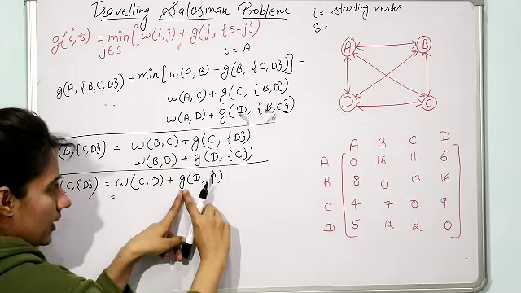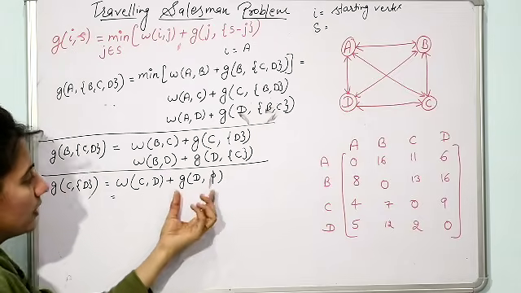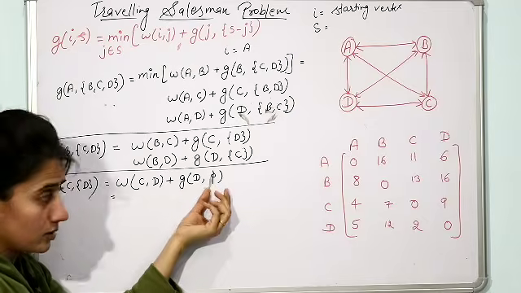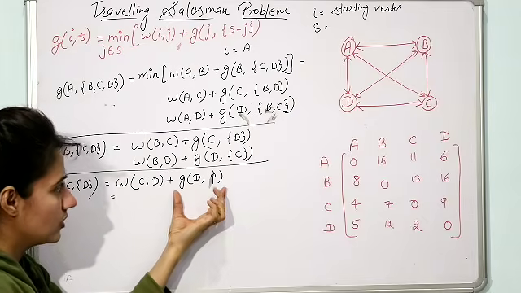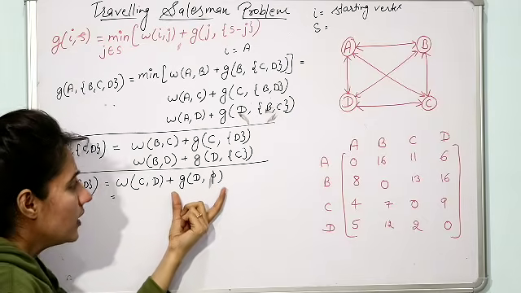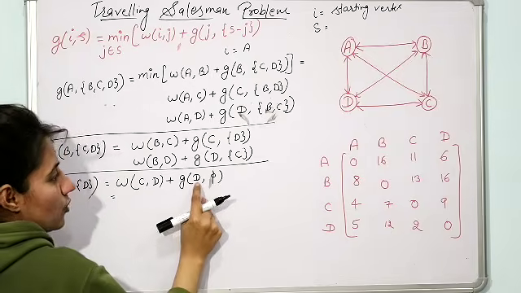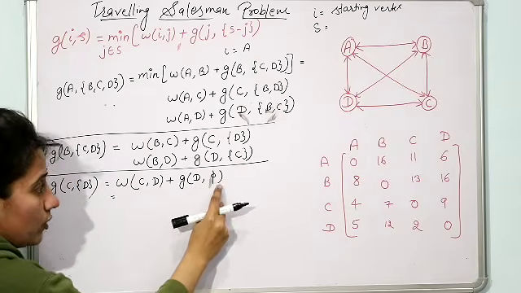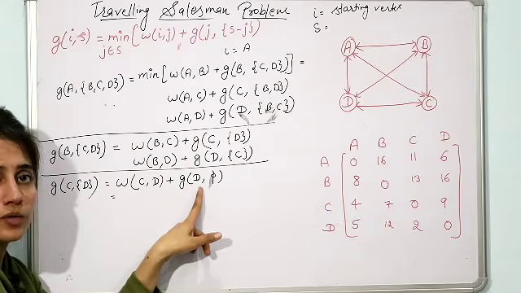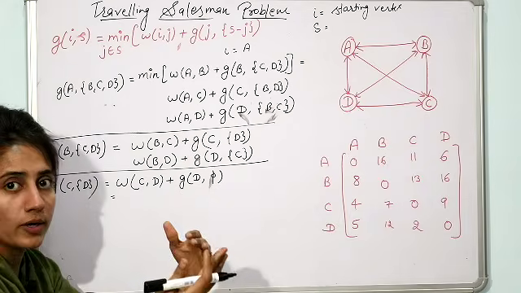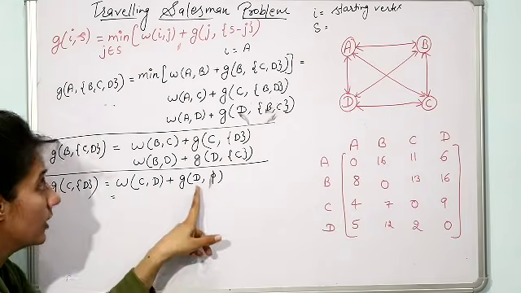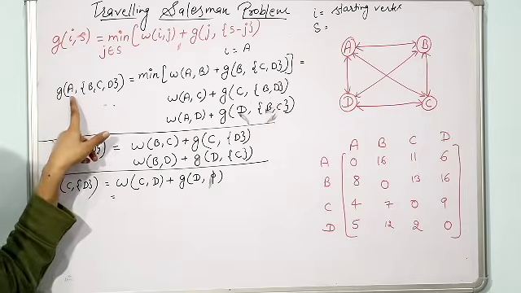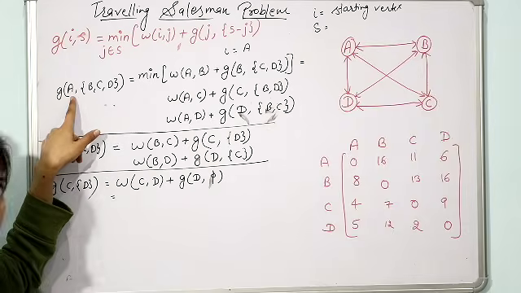See, this one is again G of D and phi. If the cost function is something like this, what does it mean? It means from D we cannot go anywhere. So from D we have to go back to the starting vertex, and the starting vertex we have taken is A. Fine.